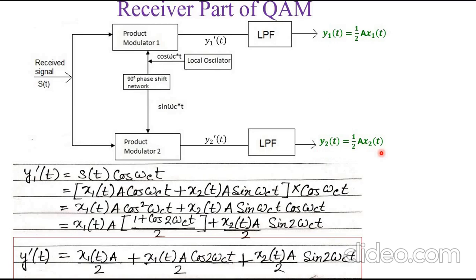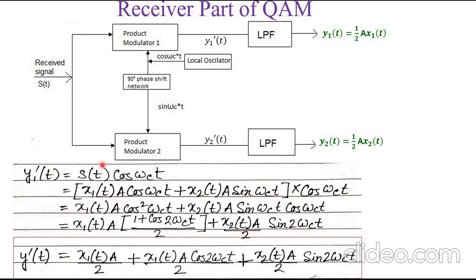Now let us try to understand how that comes about. So y1'(t) equals S(t) into cos omega_c t, right? And we know S(t). What is S(t)? S(t) is x1(t) A cos omega_c t plus x2(t) A sin omega_c t.